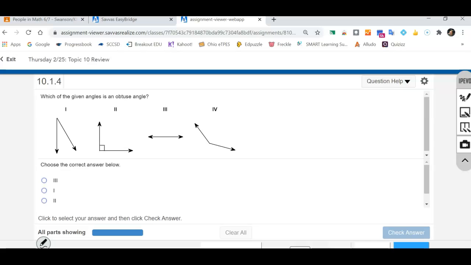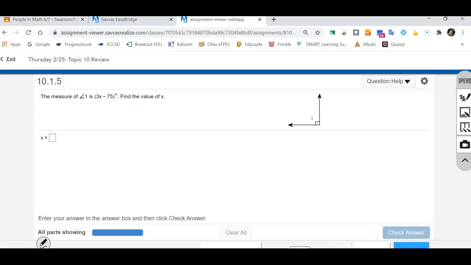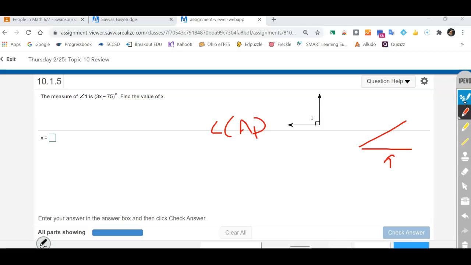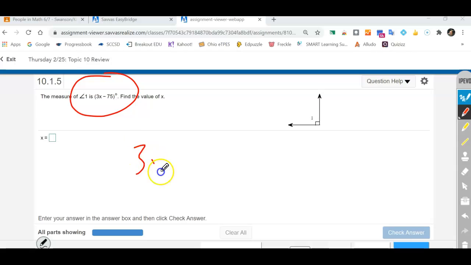And we talked about obtuse, acute, right and straight angles. All right, so this one, it says that angle 1 is 3x minus 75. Well, angle 1 is also what? 90 degrees.